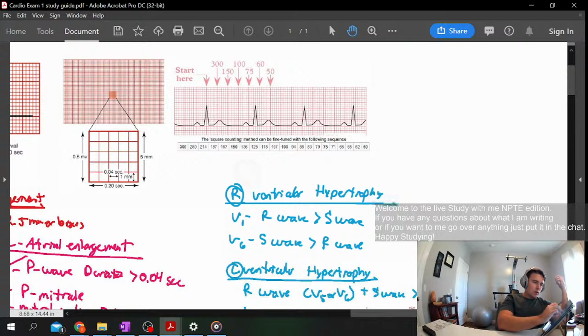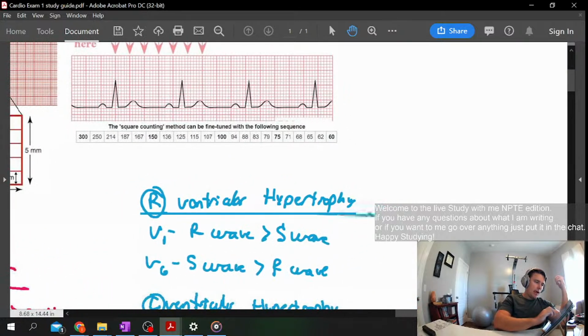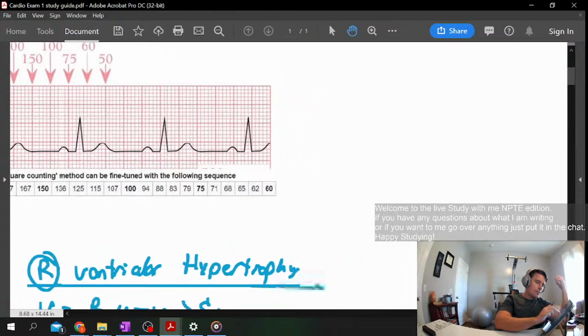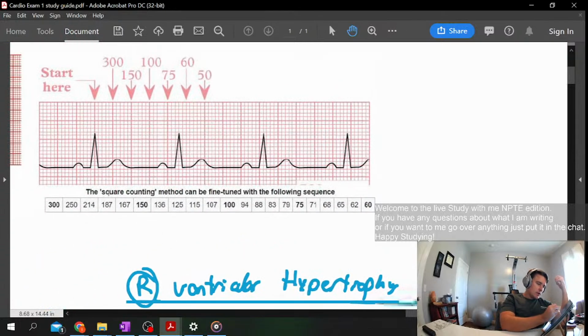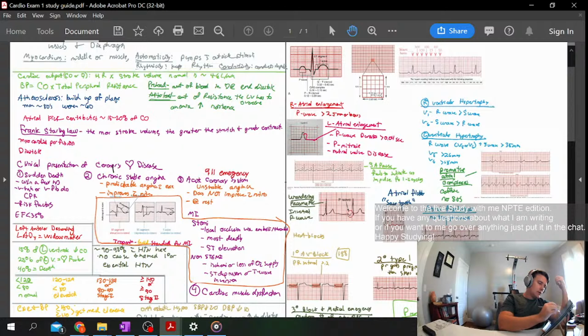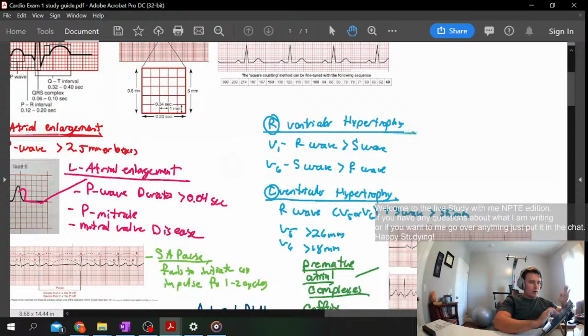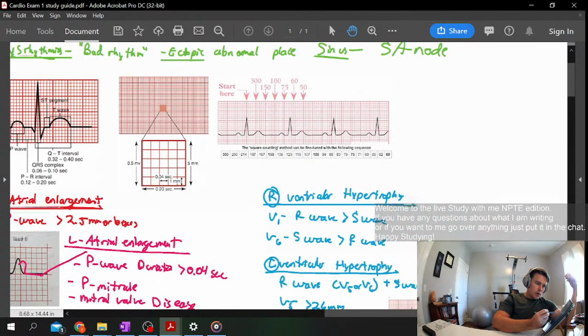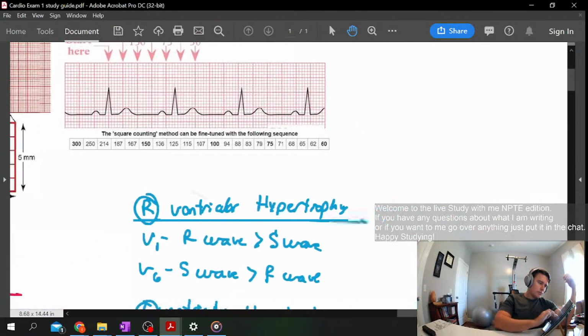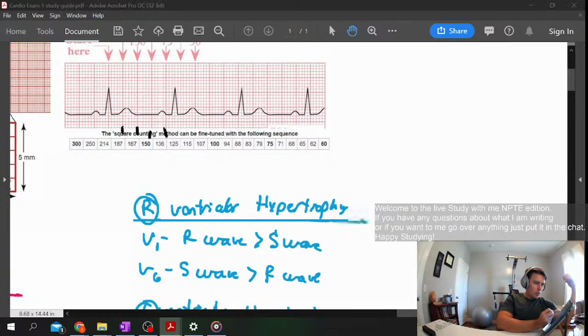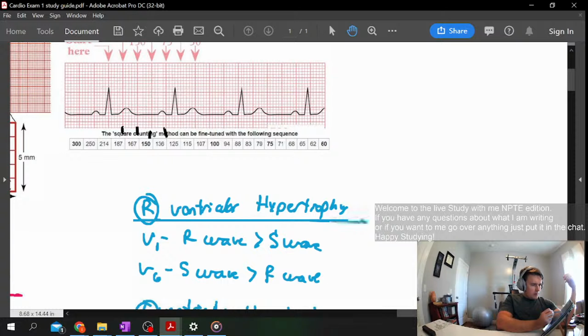So that's one. Sorry, PDF does not work very good with pen. So that's 1, 2, 3, 4, 5, 6, 7, 8, 9, 10.